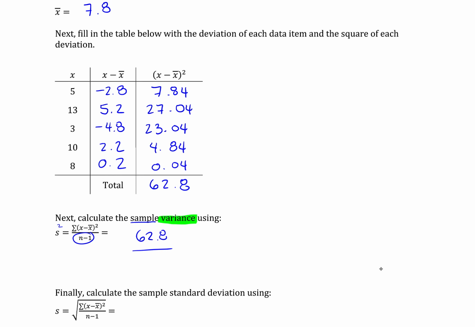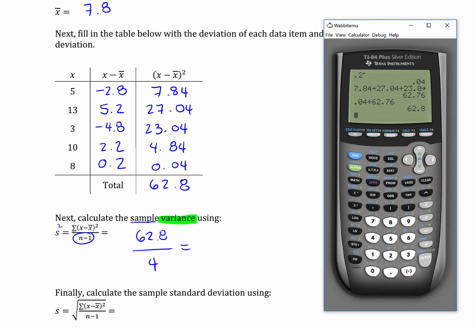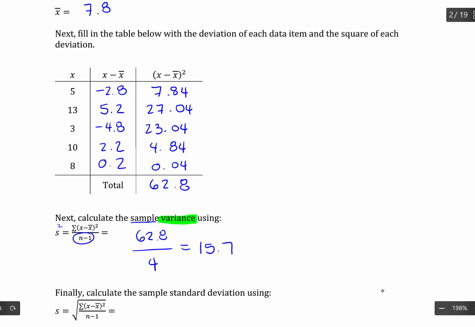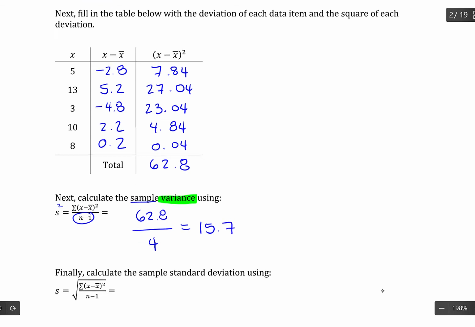So you always need to make sure you know which one you need. So 62.8 divided by 4 in this case, since that's 1 less than 5, gives me 15.7. That's called my variance.